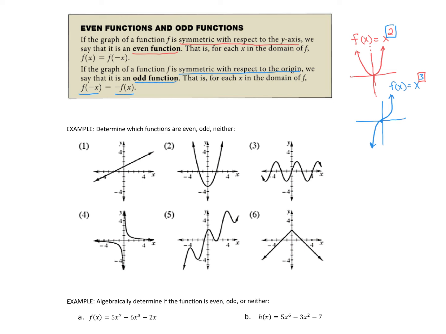Let's look at the first few as graphs. So this first one has no symmetry. So it's not even or odd. The second one here is symmetric to the y-axis. So this is an even function. Over here we'll say this one has neither.